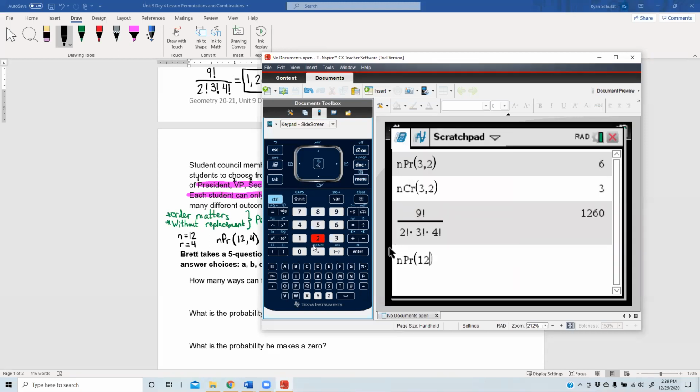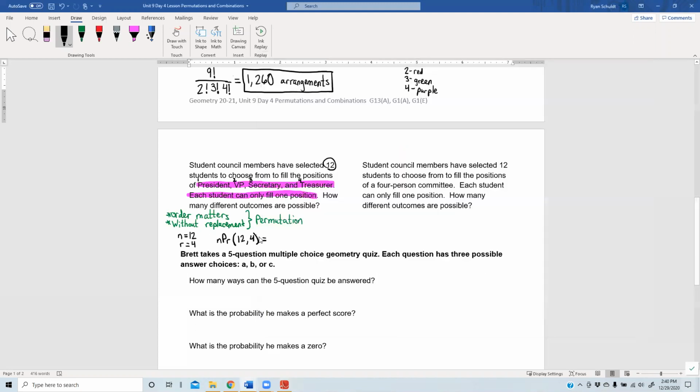We're going to say 12, 4. 11,880 different outcomes. That's how many you could have. 11,880 different outcomes.